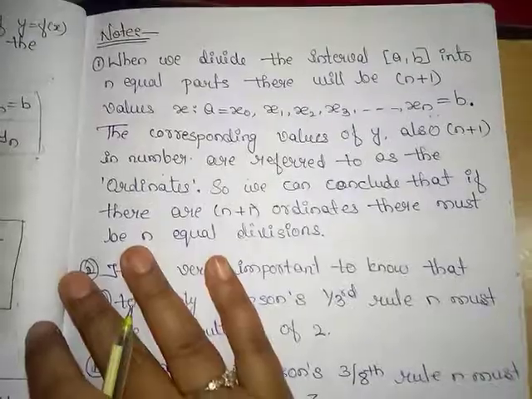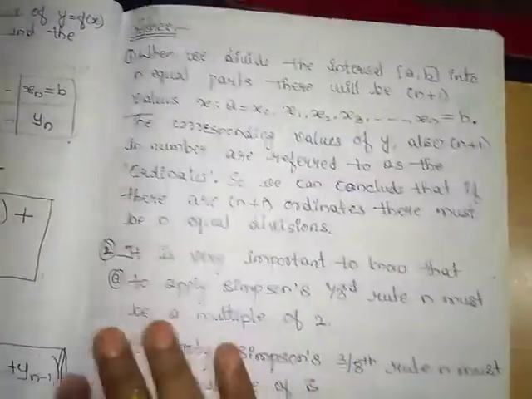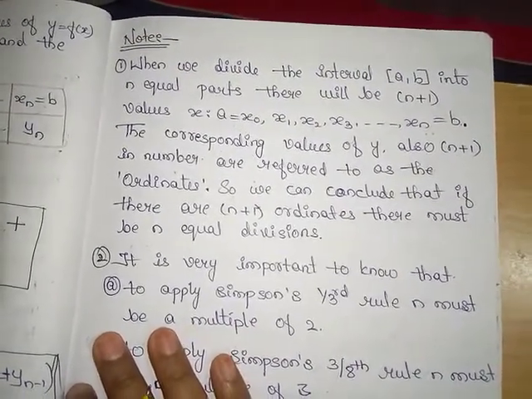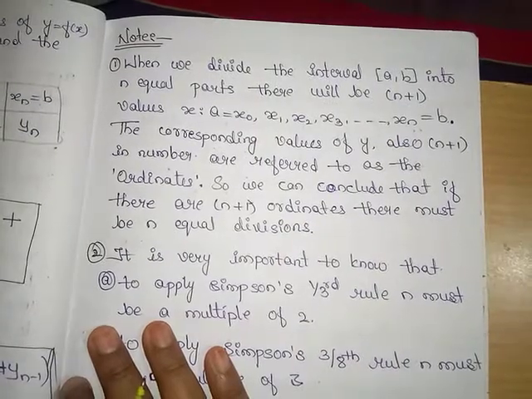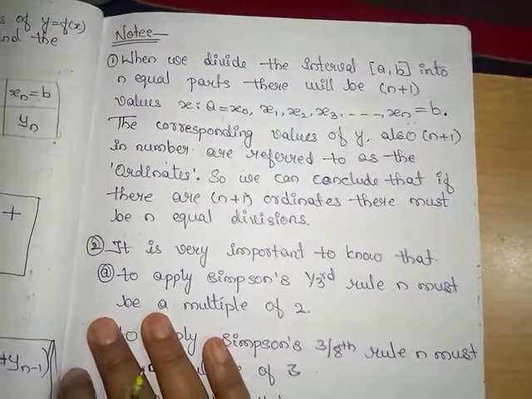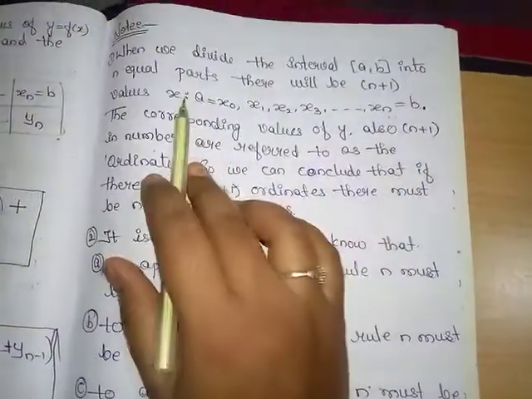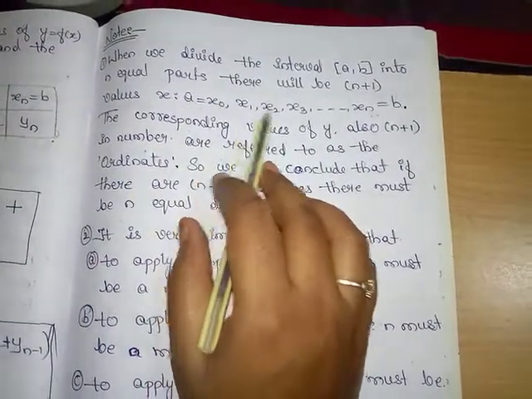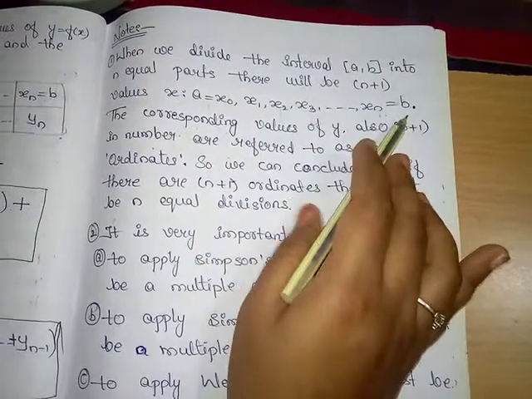Okay. Here we have some points to know before going to the examples. When we divide the interval a comma b into n equal parts, there will be n plus 1 values. That is, x values are a is equal to x0, x1, x2, x3 and so on to xn is equal to b.